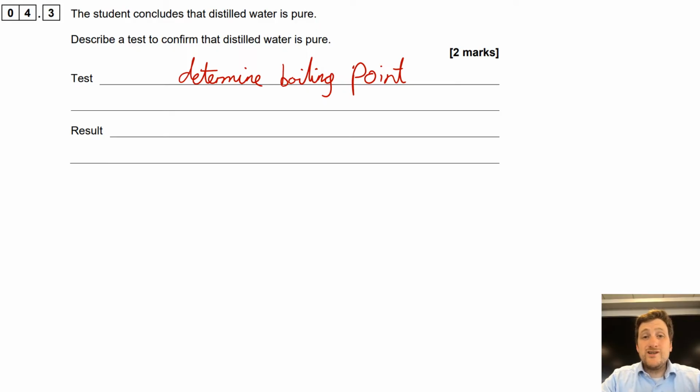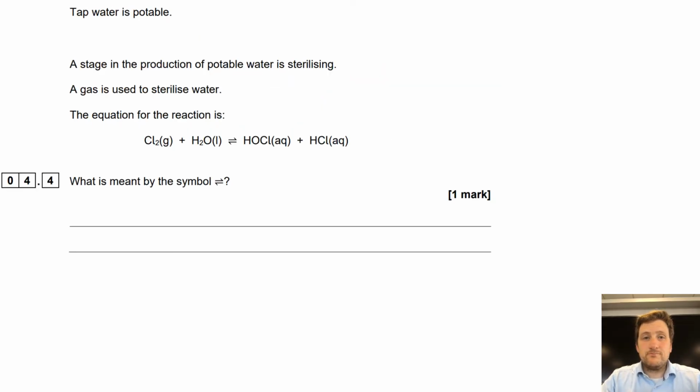So if the boiling point is exactly one temperature, and not a range of temperatures, that tells you the substance is pure. So the test is determine the boiling point, and the result is, well, H2O, the boiling point of water, is exactly 100 degrees Celsius. If it's 102, it tells you it's not pure water.